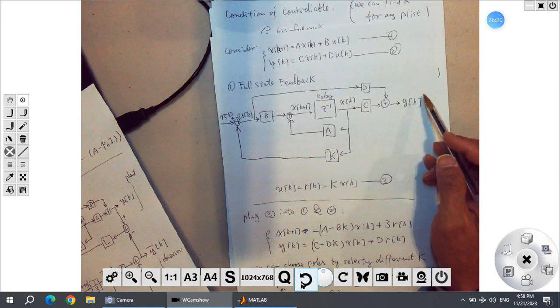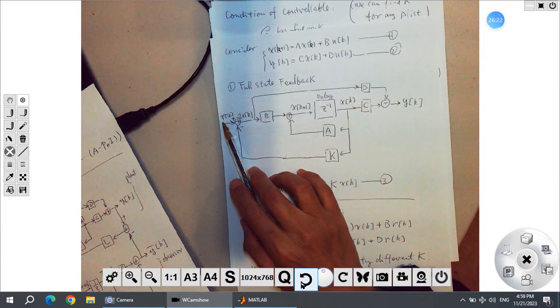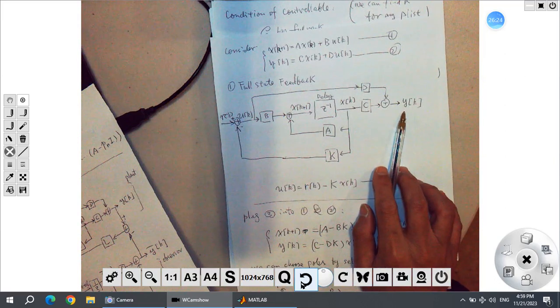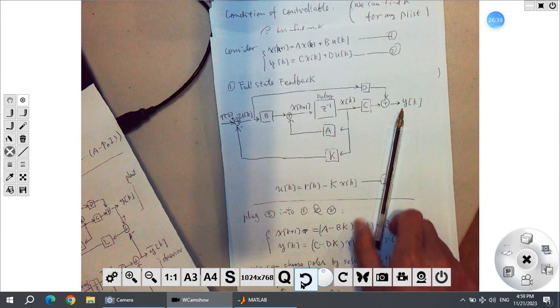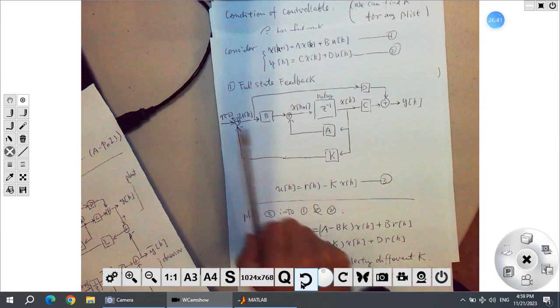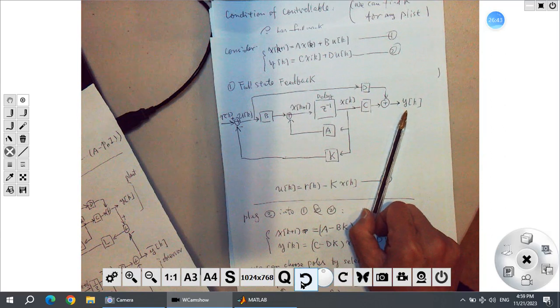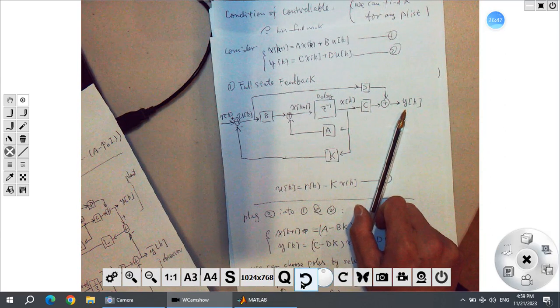For example, the initial value is 5, and your goal is to make Y of K reach 100. Can you find the R so that Y starts from the initial value and finally reaches your requirement, 100?